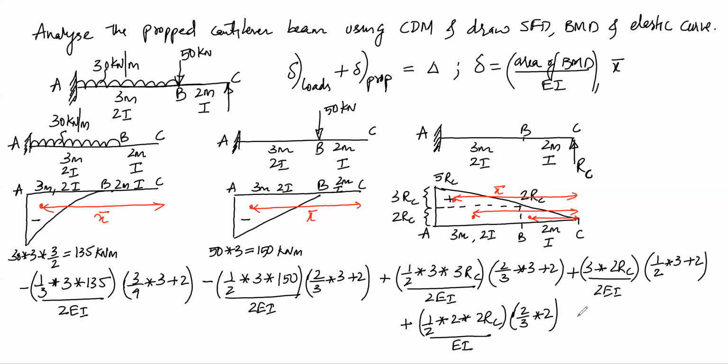Okay, this is equated to total settlement of the supports. So here this total settlement of supports is not mentioned in the problem, so you can take it as 0. So this will be the consistent deformation equation applied for each BMD. Now if we simplify this, we can calculate the unknown value of RC, because the only unknown here is RC.